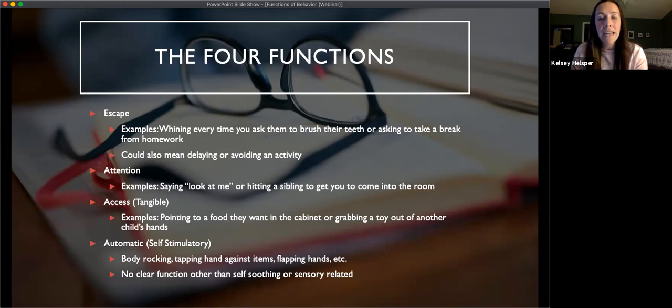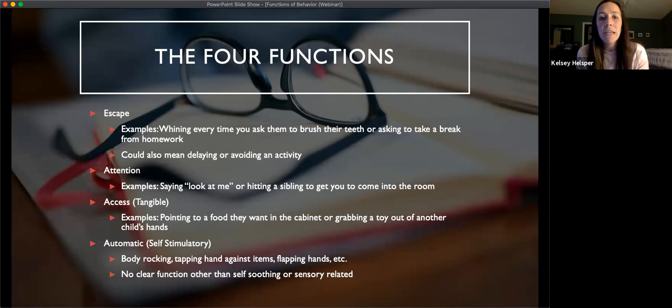So whining here is trying to escape brushing their teeth, but asking to take a break is a very appropriate behavior that they can engage in to escape a task. So you can see, we may just shift their behavior to be more appropriate, like asking to take a break or asking appropriately to get out of something. And then we may honor that if they are doing something appropriate.